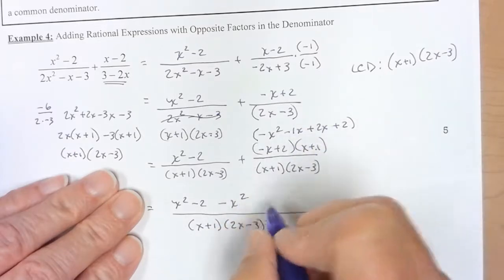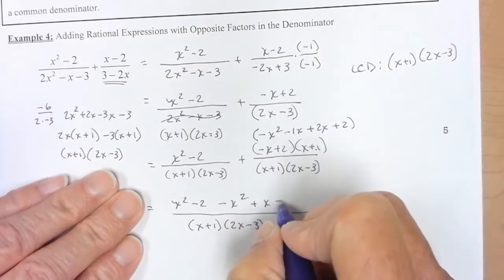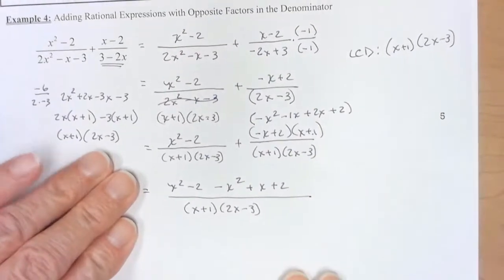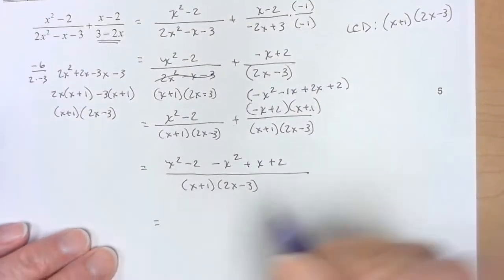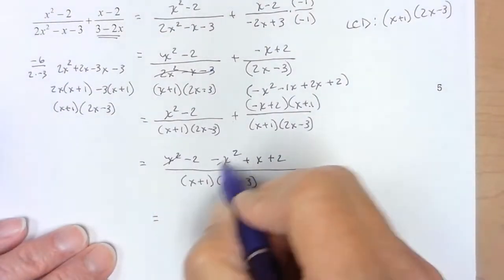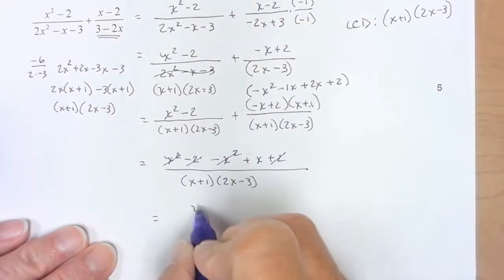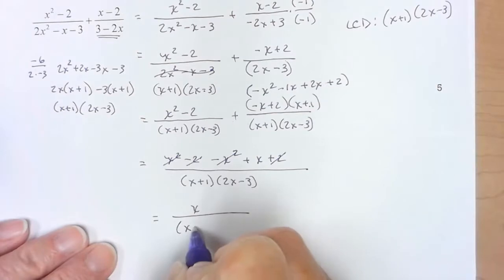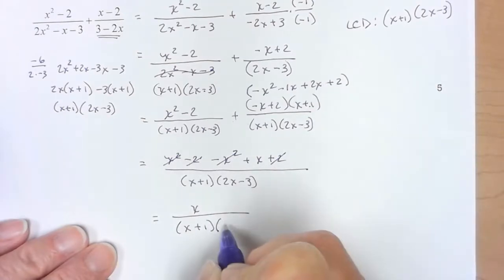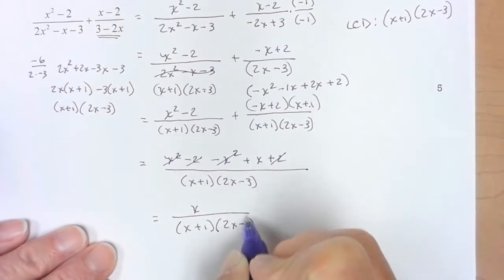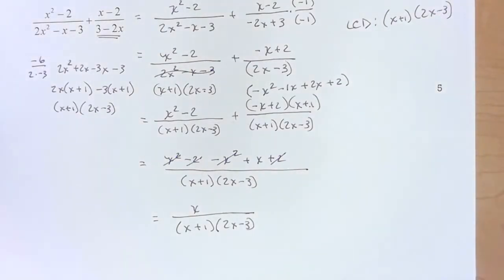That'll give me a plus 1x. So we're almost done. So that eliminates, and I'm just left with x over the denominator. And that would be my final answer. And that's it for this video. Thank you.